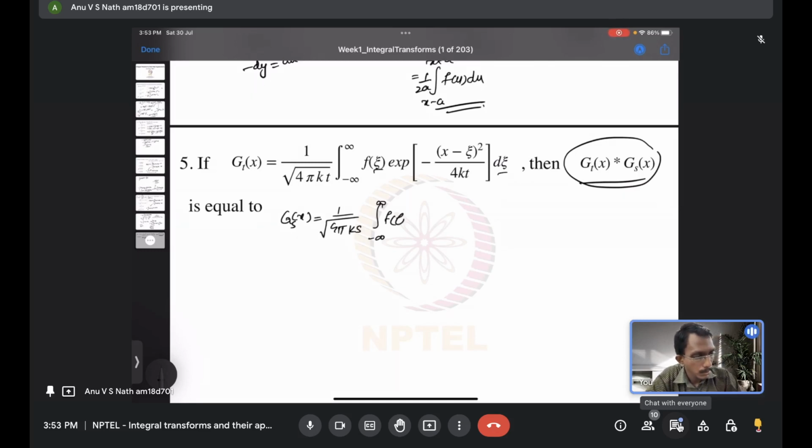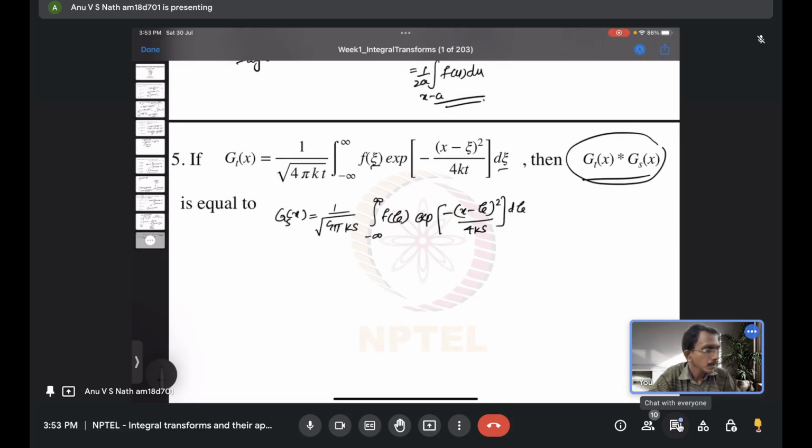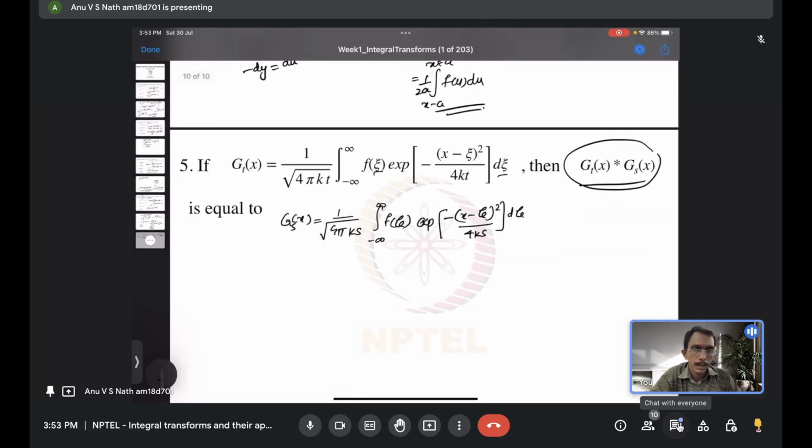So I use theta, exponential of minus (x minus theta) squared divided by 4ks, d theta. I think that is clear, right? We have the same function written in terms of two different variables, t and s.